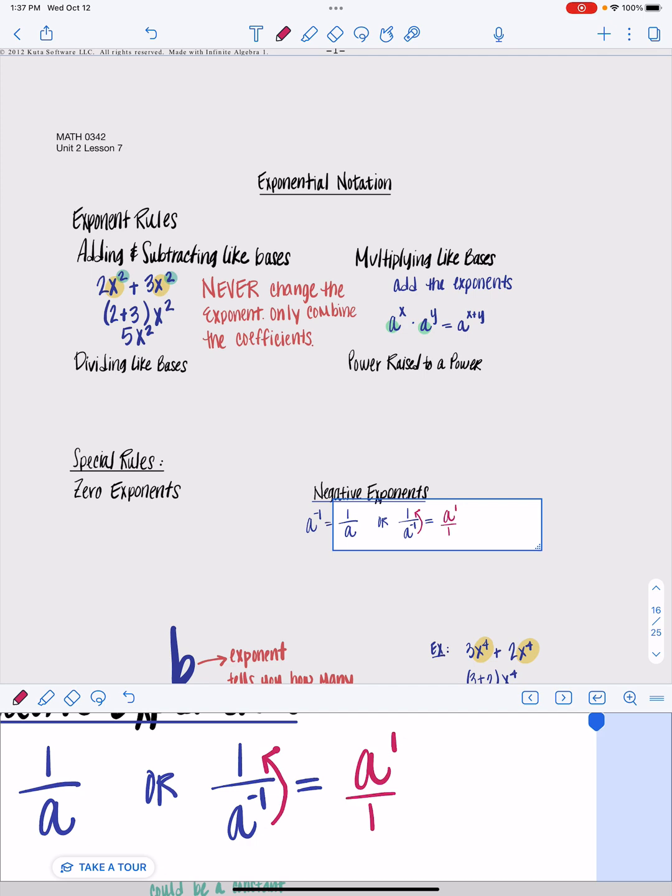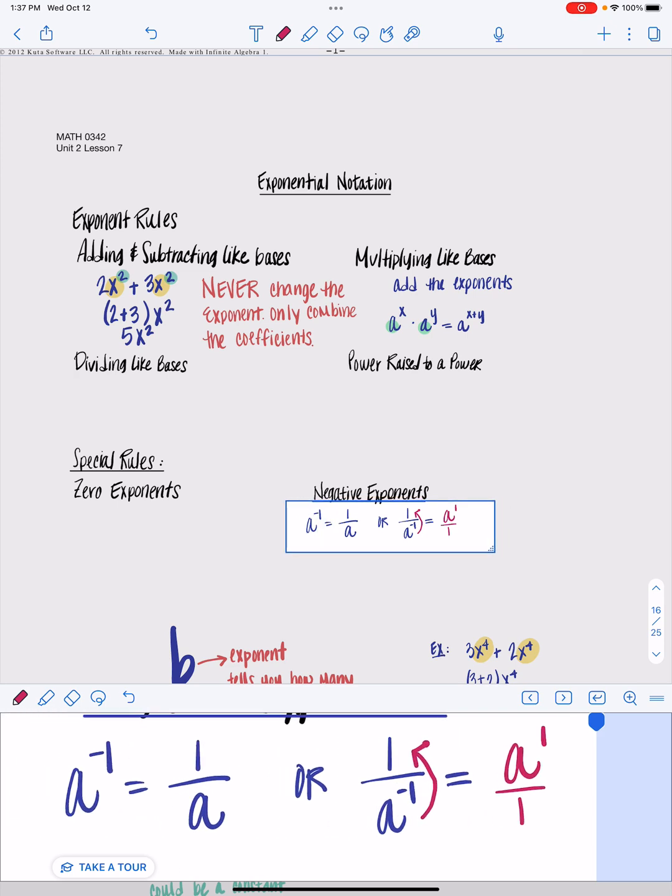If you think about these in terms of fractions, it gets a little bit easier, and you think about just flipping it to the other part of the fraction. Remember, you can always make a number a fraction by putting it over 1.